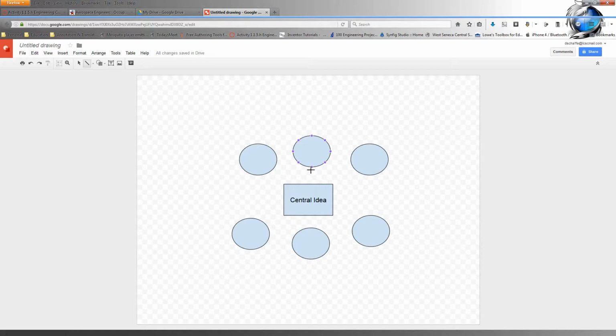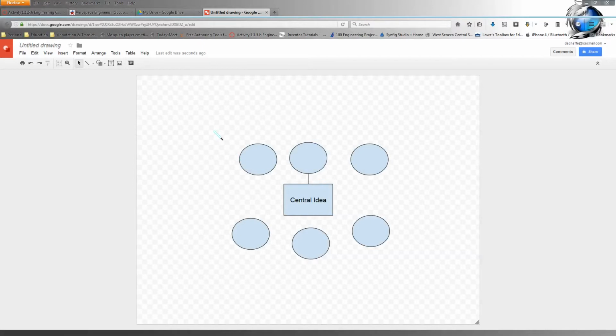So you can click on that and hold the mouse button and drag that line over to your other shape and connect it with another handle, and now they're attached. So if you go and move the circles around, now that line is going to be attached to the 2 shapes. So if you have to rearrange things, then things won't move around and you won't have to adjust the line.